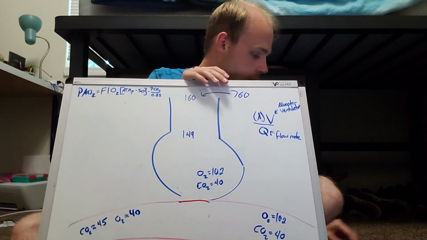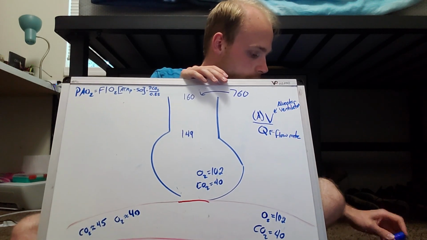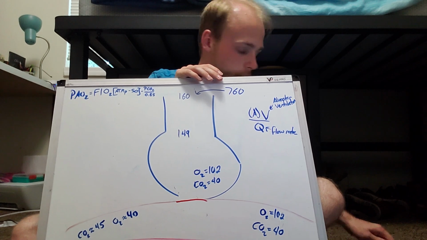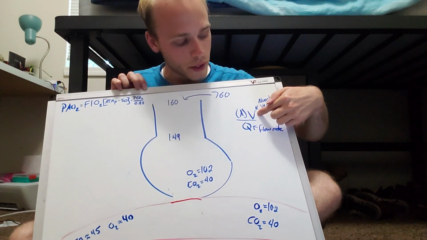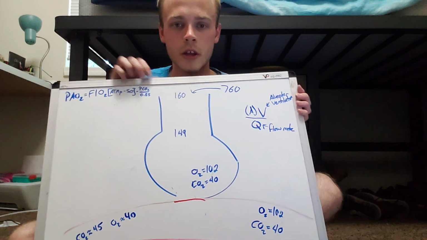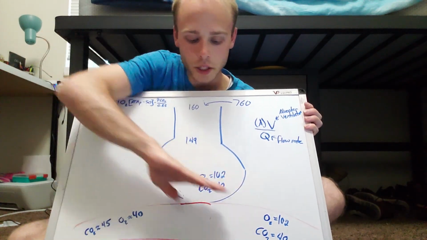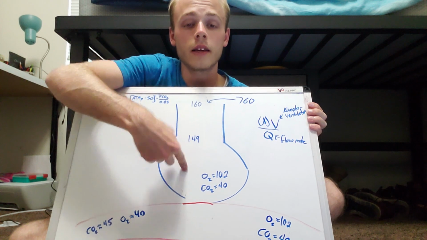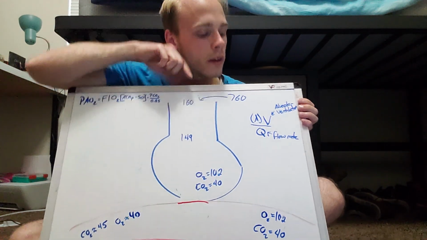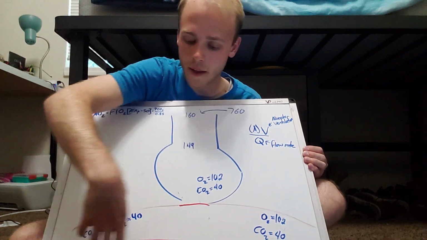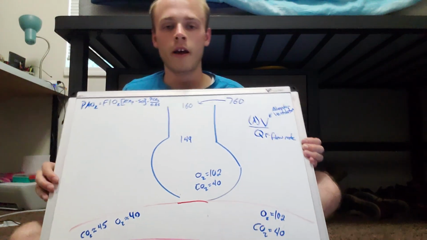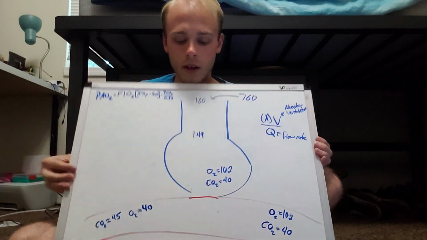Next, we're going to talk about the ventilation and perfusion equation. So this V stands for the alveolar ventilation. That's essentially how much fresh oxygen air we're getting in here per breath or per minute. And then the flow rate, Q, is how much blood is moving past each alveoli going through the lungs.